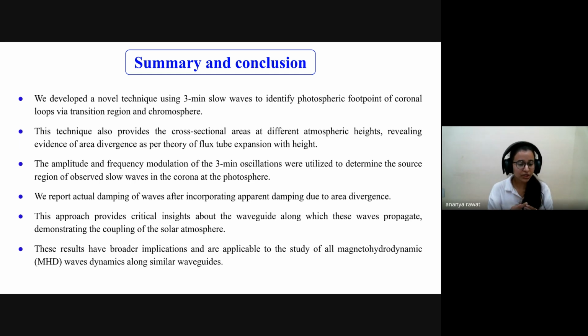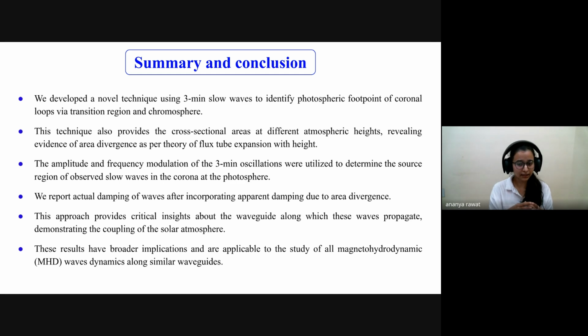So if we know the structure of the waveguide, we can know how these MHD waves will be affected by it. As I previously said, a significant amount of energy is getting redistributed.